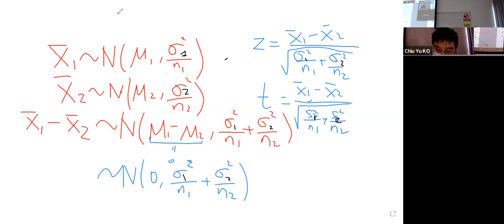So that is what we have in the second test. Is that clear? It's very simple. There's nothing new there. In the special case, S1 and S2 are basically estimating this common sigma, but now you don't have that, so we just use their own estimate to estimate their own sigma. That's it. Is that okay?